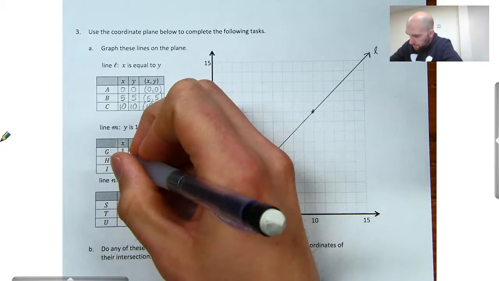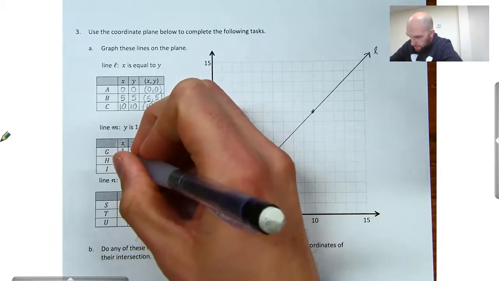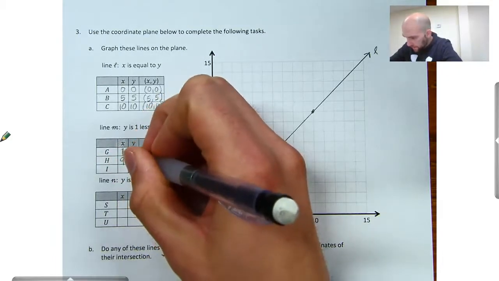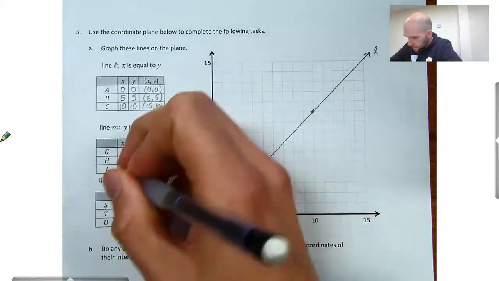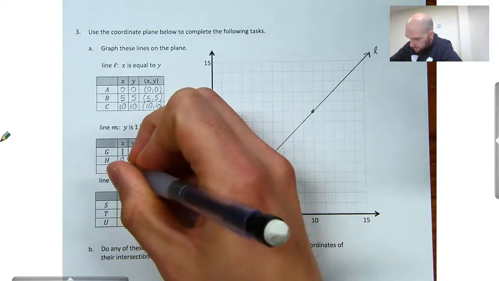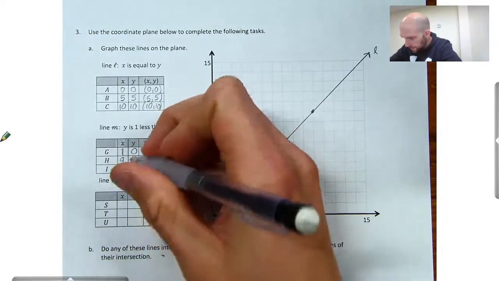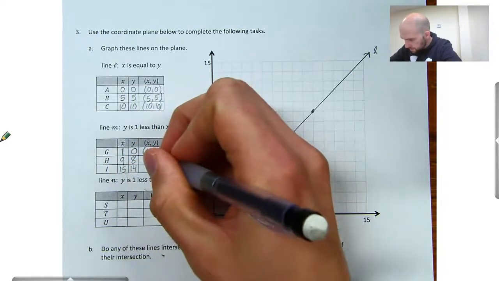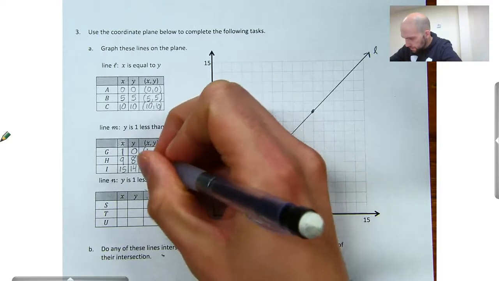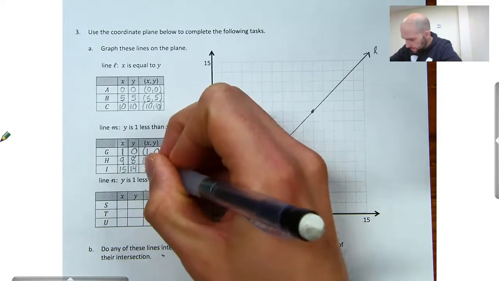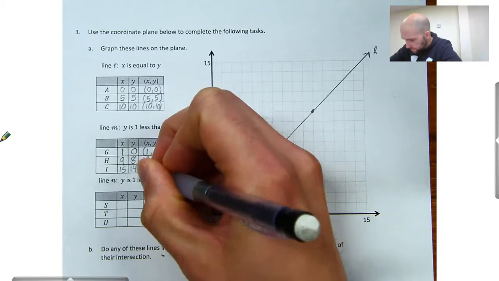X equals 9, y equals 8, and x equals 15, y equals 14. So 1, 0, 9, 8, 15, 14.